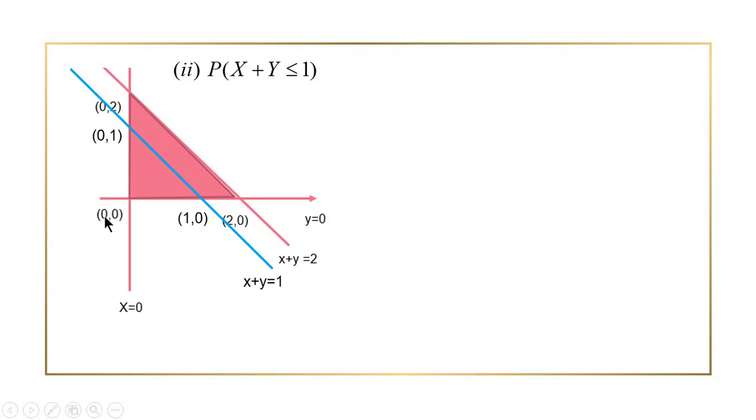For that, put origin in this equation. So 0 plus 0 less than or equal to 1. It satisfies the inequality x plus y less than or equal to 1. Therefore, the region must include the origin. Therefore, it must be below the line, which includes origin. Now this is the region where the sum of x and y is always less than or equal to 1.